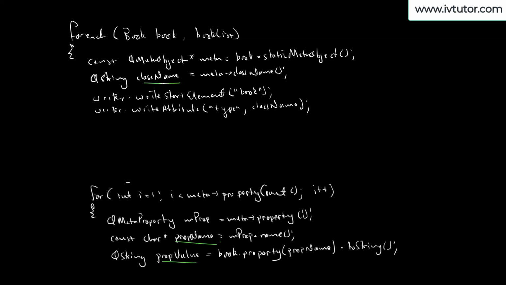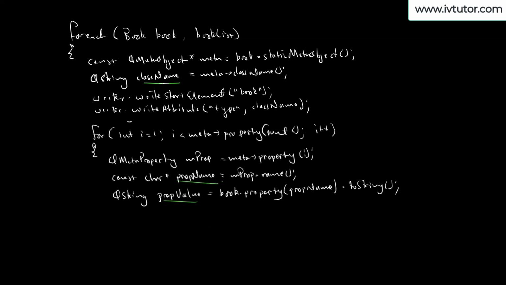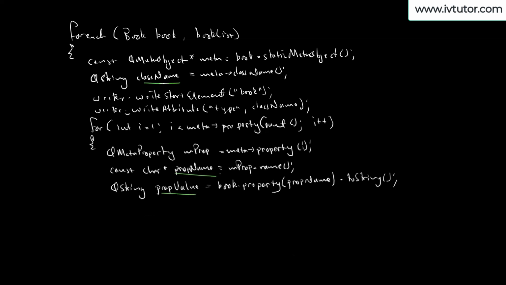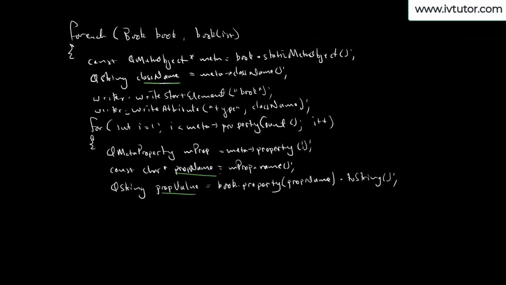Then once I'm done, then I can go into the loop, which is doing the inside of your XML, which is this part here, title and its value. So I can go now, writer dot write start element.